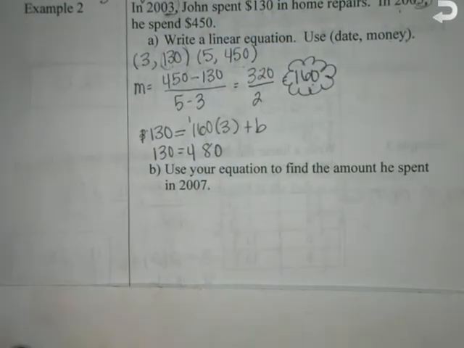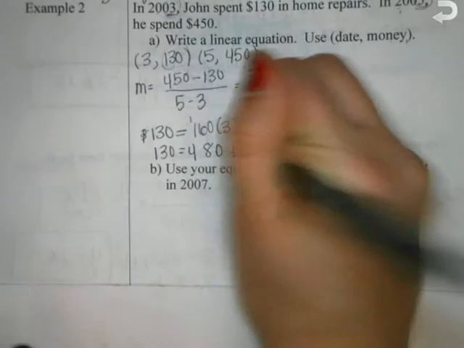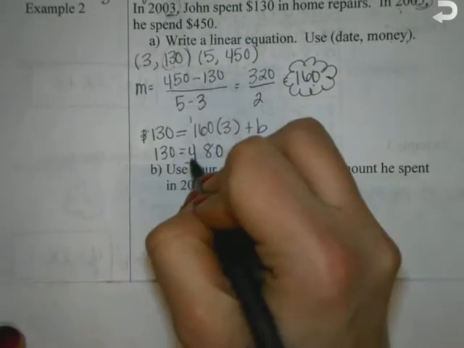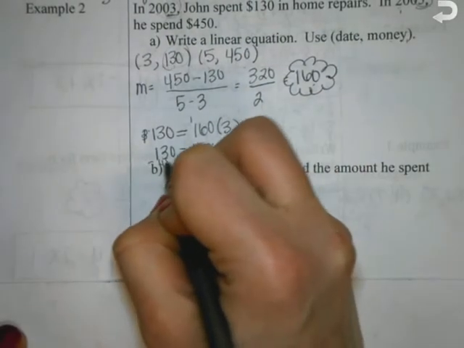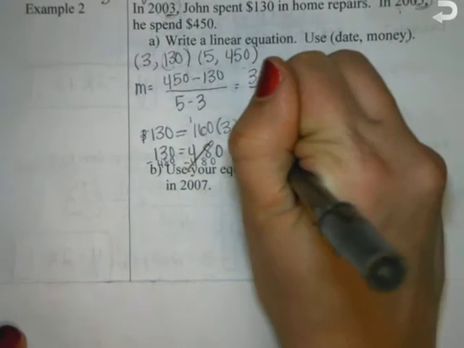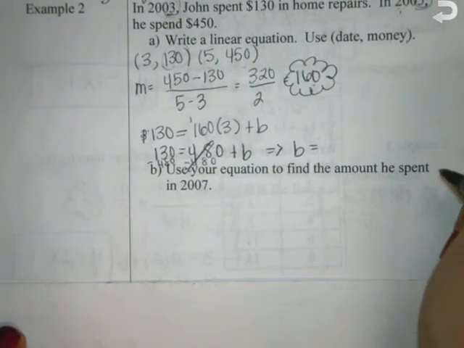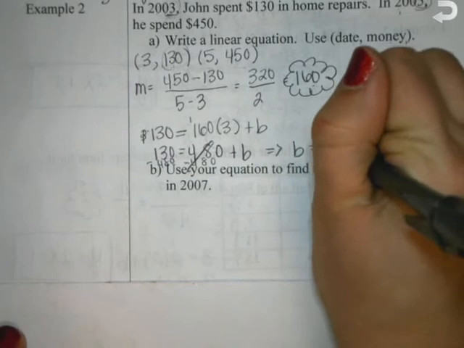Okay, subtract 480 from both sides. So we get b equals negative 350. Bubble that one.